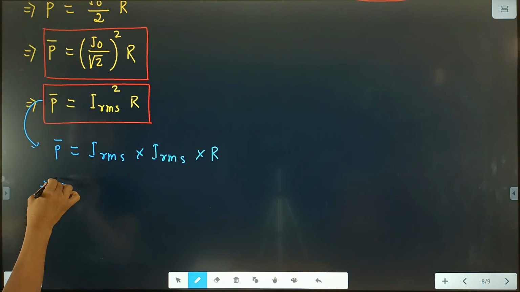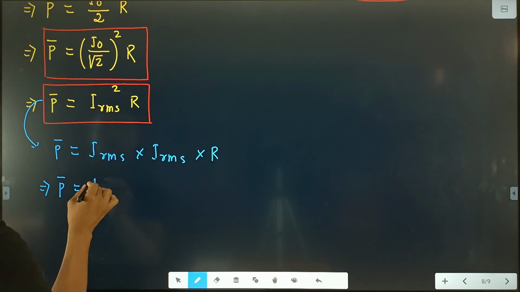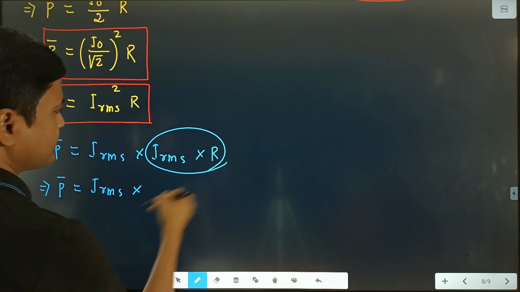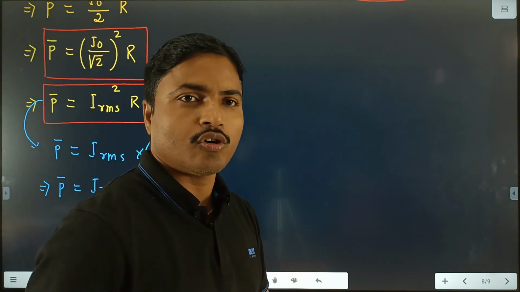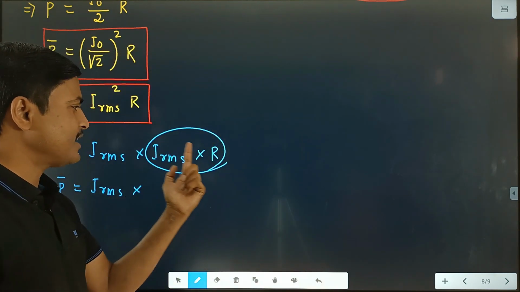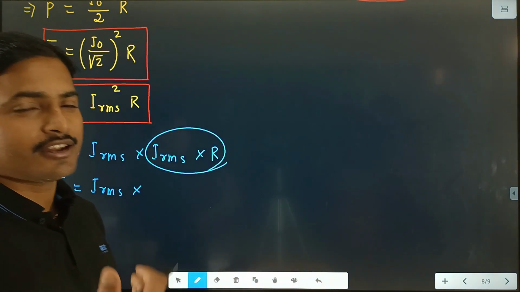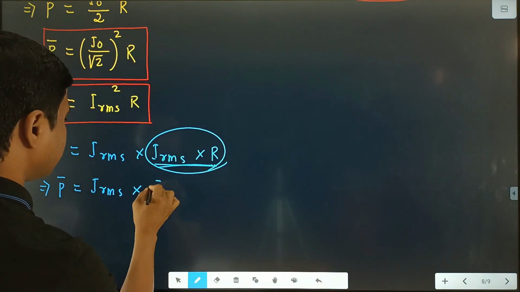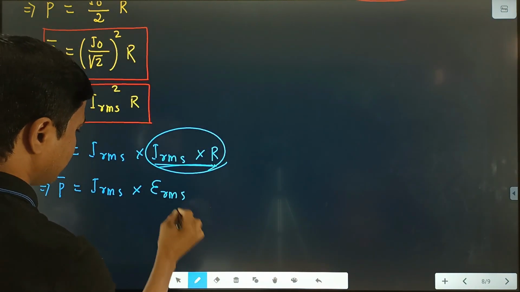That implies average power consumed is equal to I RMS multiplied by, in place of this, here we put Ohm's law. Ohm's law is I into R, that is V. So in place of I into R we write V, and here in place of V we write E, so we write E RMS.